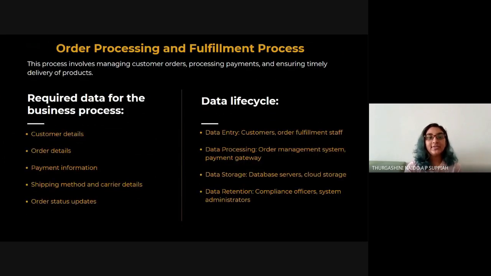The second one is the order processing and fulfillment process. This involves customer orders, processing payments, and ensuring timely delivery of products.